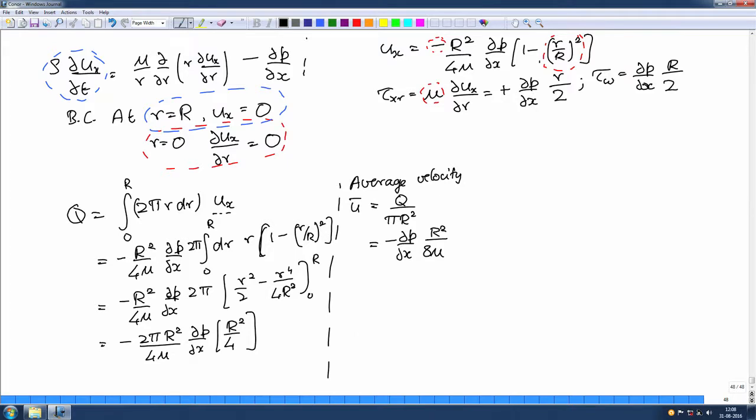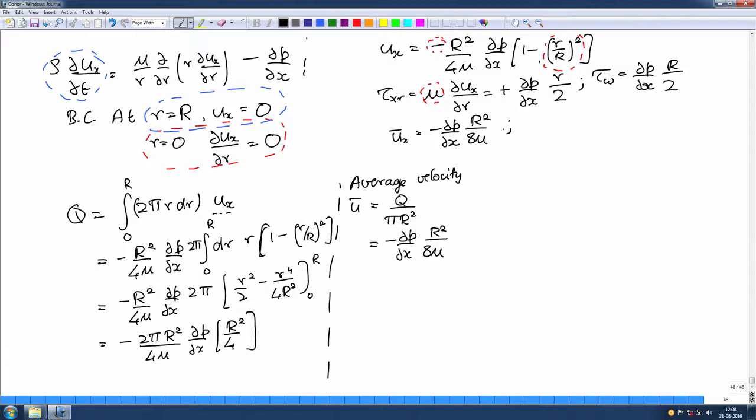So, that is the mean velocity. Therefore, the mean velocity u x bar is equal to minus partial p by partial x into R squared by 8 mu.